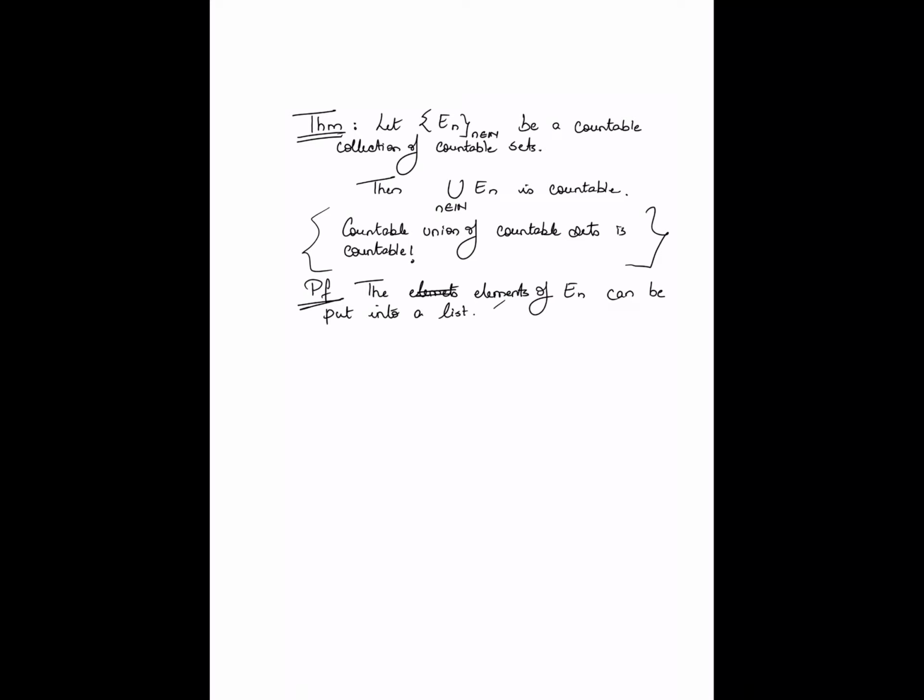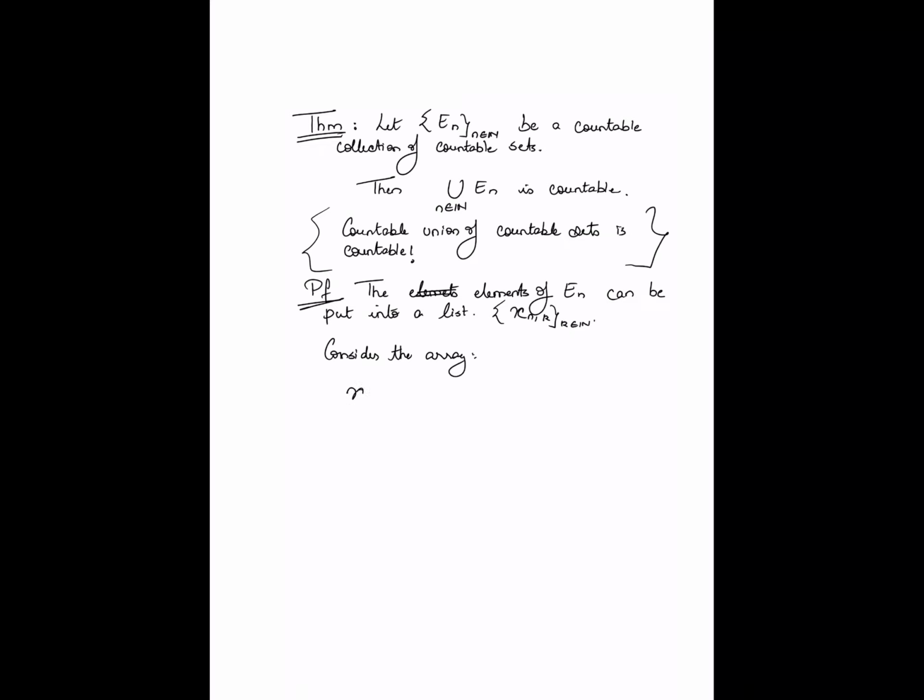Let's say that list is x_{n,k}, where k is a natural number. So x_{n,1} is the first element of E_n, x_{n,2} is the second element of E_n, and so on. Now consider the following array. First, horizontally, I'm going to list the elements of E1.